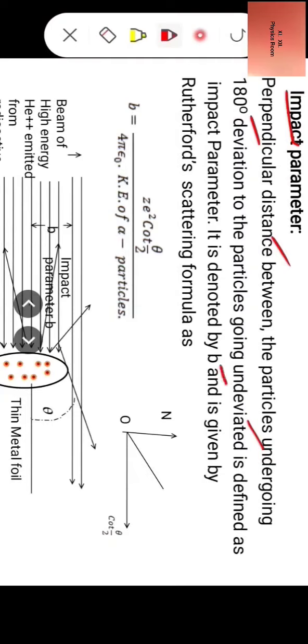It is denoted by the letter b and is given by the Rutherford scattering formula as b equal to Ze square cot theta by 2 divided by 1 by 4 pi epsilon 0 into kinetic energy of alpha particles. This is how this expression for impact parameter was derived on the basis of the observations made.